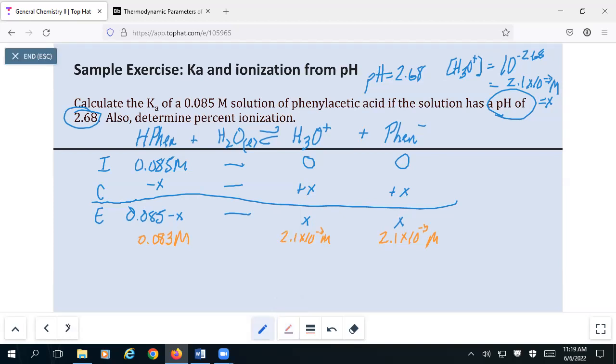So to determine the value of Ka, I would take the concentration of my products divided by the concentration of my reactants. So 2.1 times 10 to the negative third times 2.1 times 10 to the negative third, divided by 0.083 to 2 significant figures.